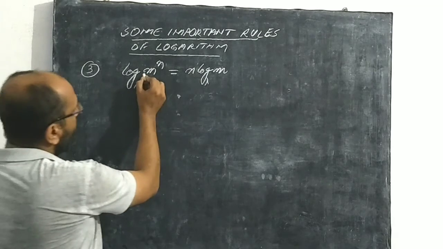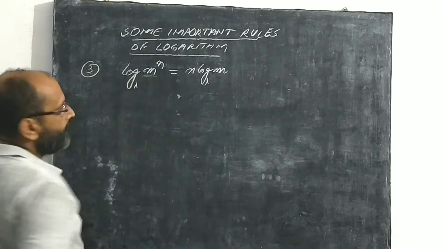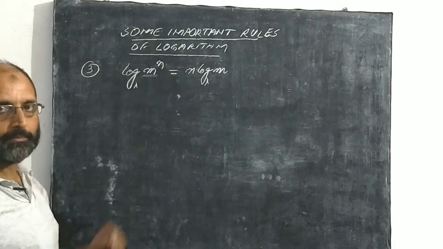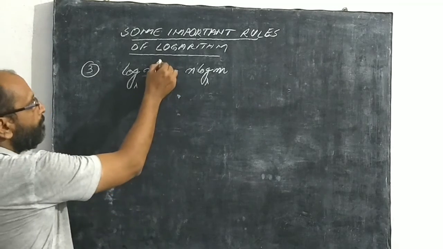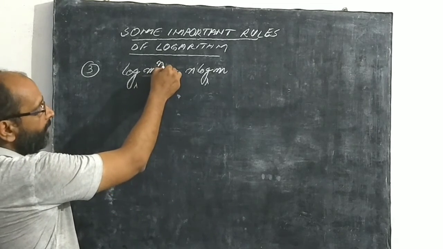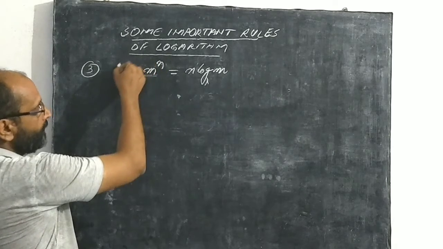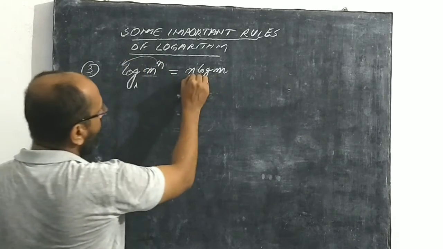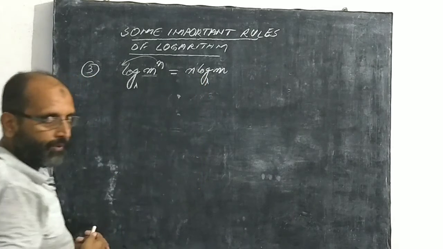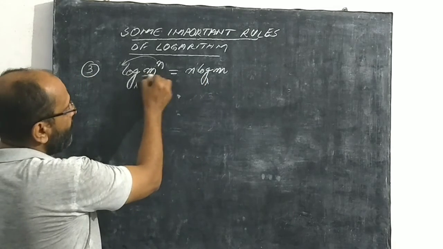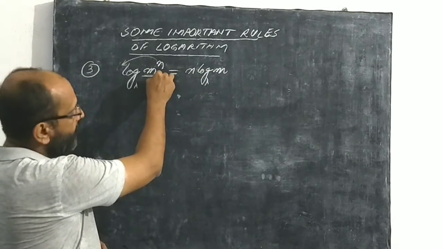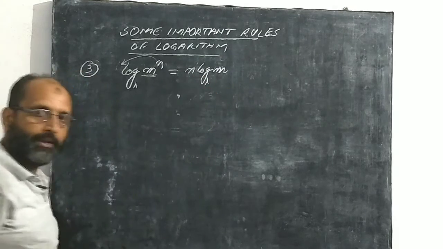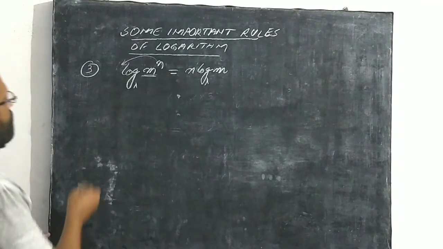If the number whose log is to be taken is given in exponential form, something raised to the power something, then the power or index of the exponential form jumps out of the log and becomes the coefficient of log, and only m is left inside. So it becomes n log m base lambda.